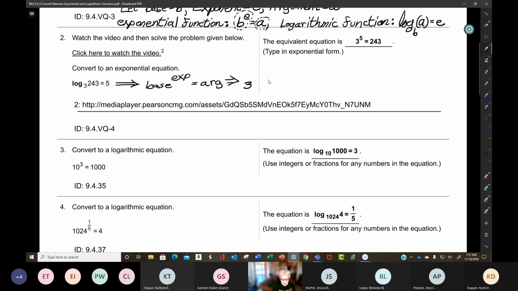The exponent is going to go here. The argument is going to go here. See, this is not really difficult. In fact, it's just a puzzle. 3 to the 5 equals 243. Yep.